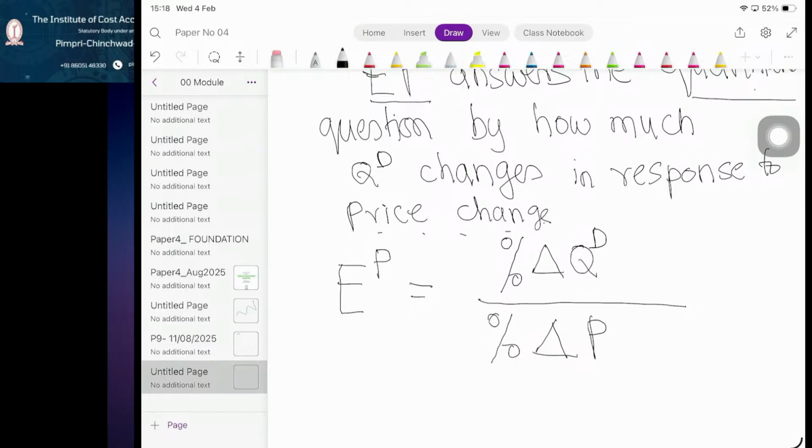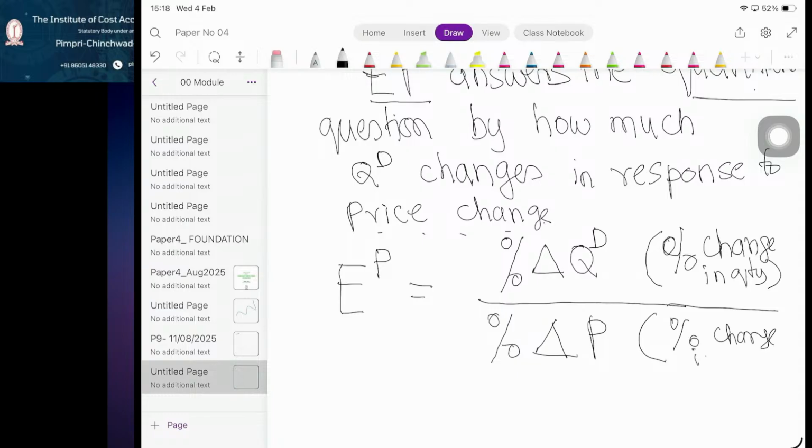Be very clear. Numerator is measuring percentage change in quantity, and denominator is having percentage change in price.